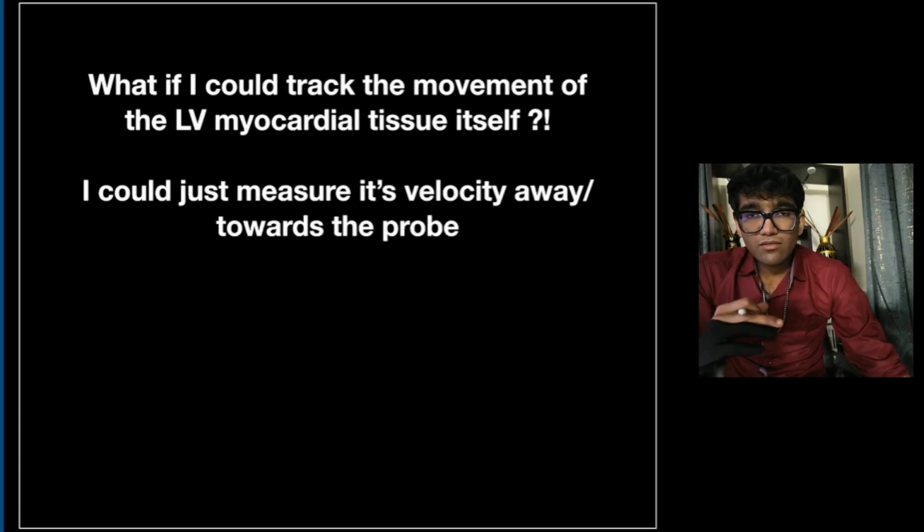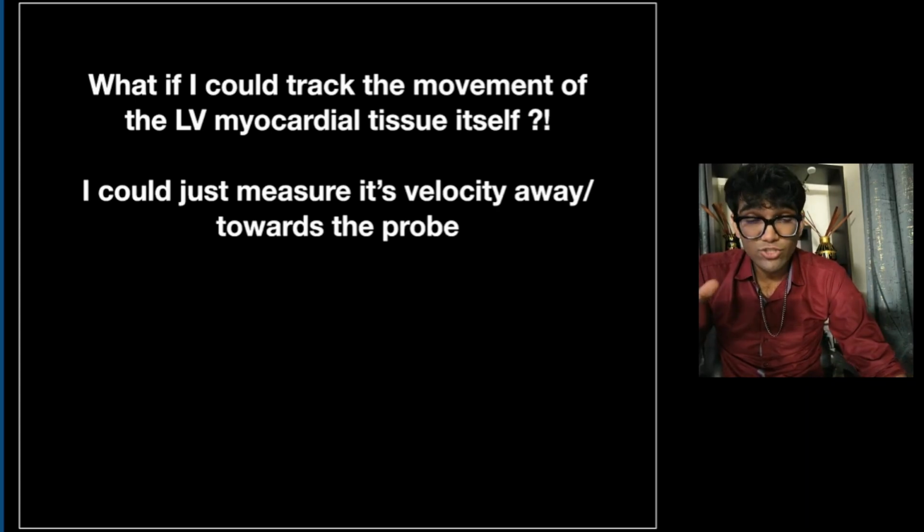Whereas in an unhealthy person who has uncontrolled diabetes or is obese, because of molecular and cellular level changes induced by this process, there will be an impairment of relaxation. As a result, the myocardial tissue will not move as vigorously.